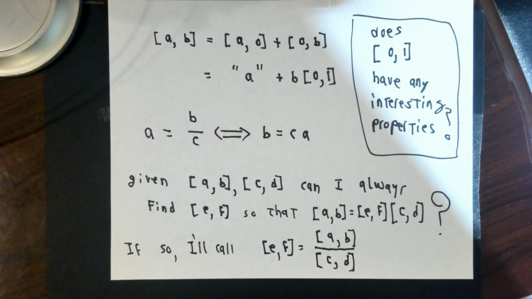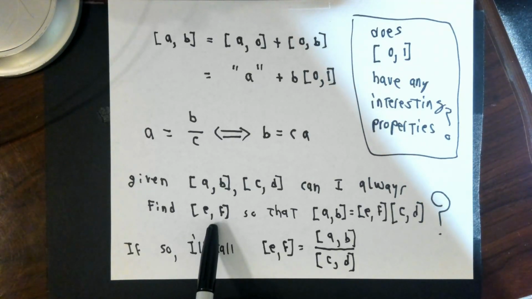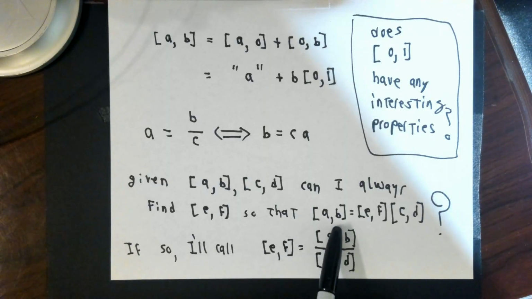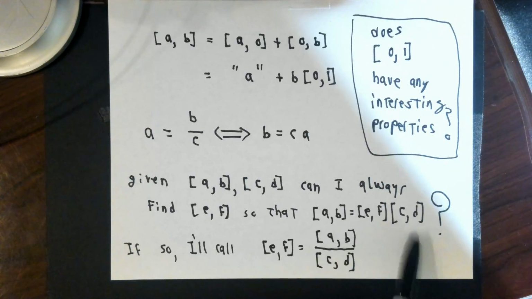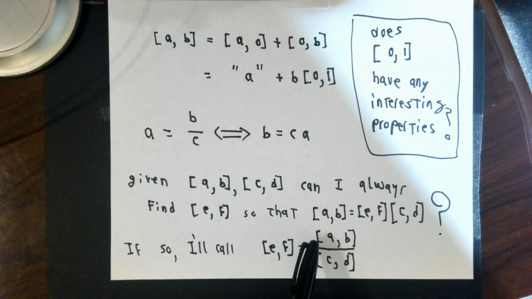Given two of these objects out of K, AB and CD, can I always, or almost always, find a K object, EF, so that AB is EF times CD? If so, I'll make up a new name for that, just as we did with the rational numbers. If I can do this, I'll call the result bracket AB divided by bracket CD.